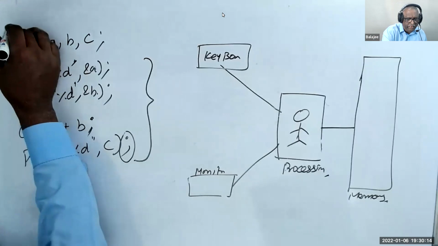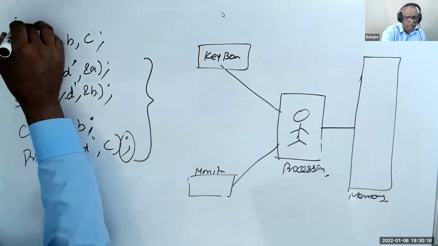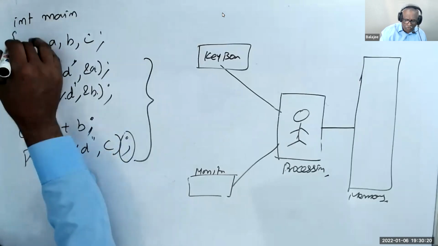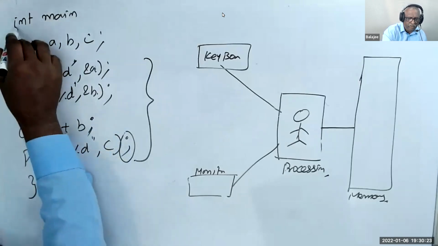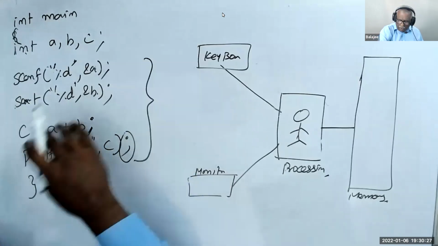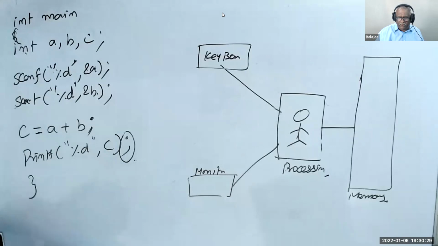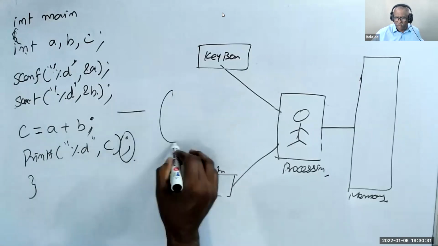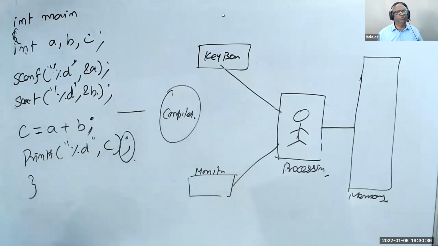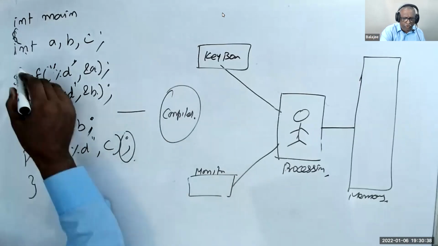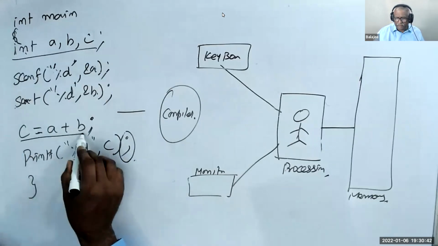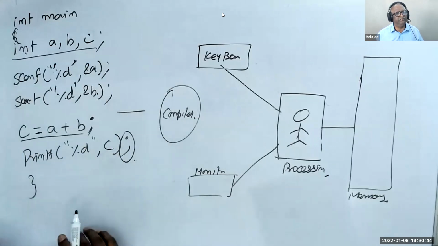Now we say int main. Do this curly bracket. So this is it, but the problem is when I give this to the compiler, he gets confused. He says that I understand you declared A, B, C. I understand you declared C is equal to A plus B. I accept all these things.